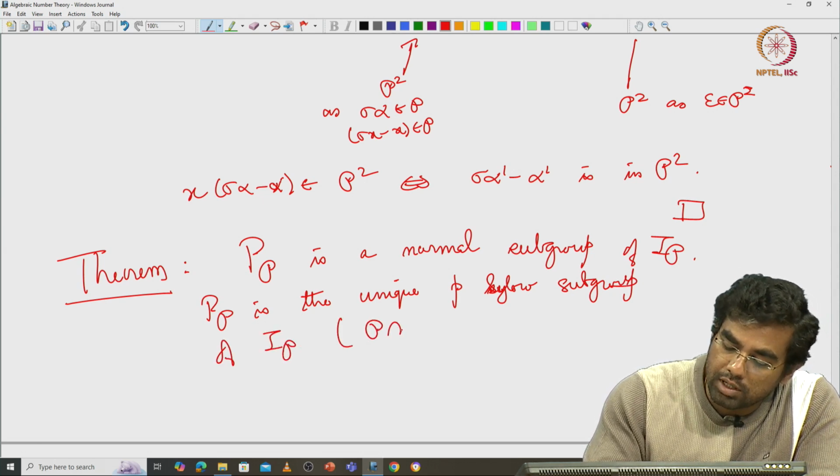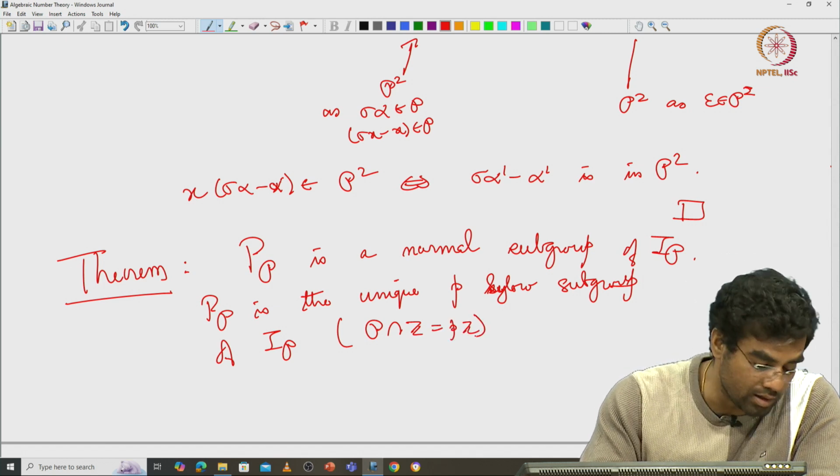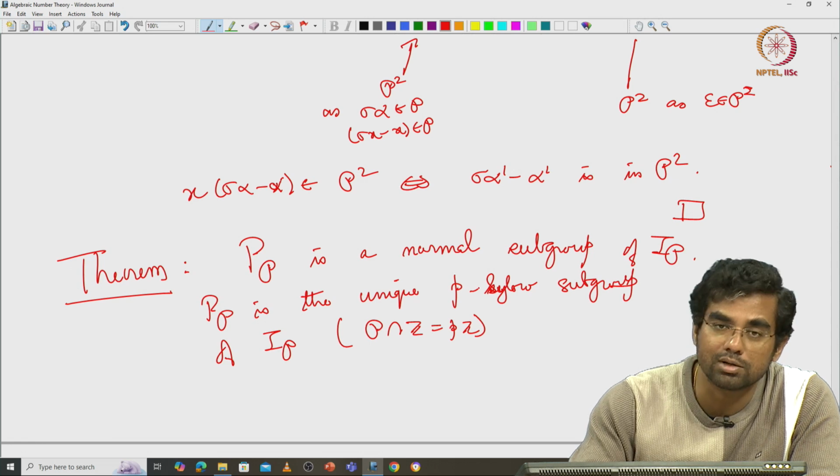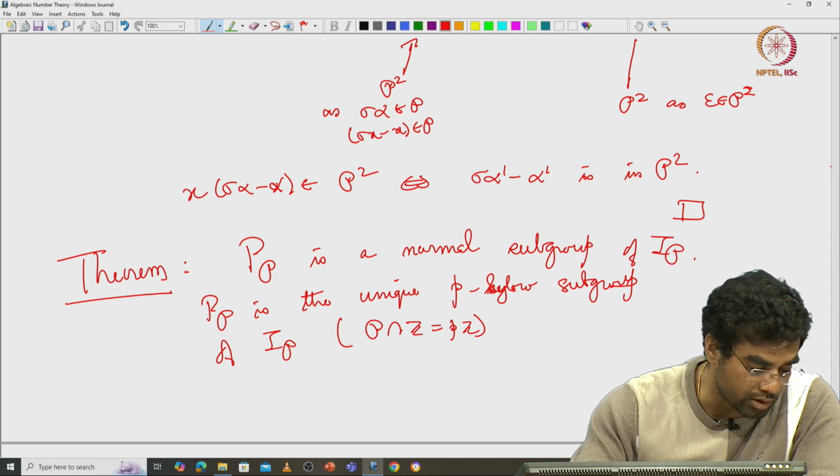So, capital P intersected with Z is P times Z. That is the prime number P, because this P is the prime number P, it is not a typo here.